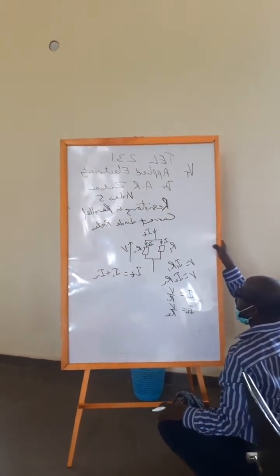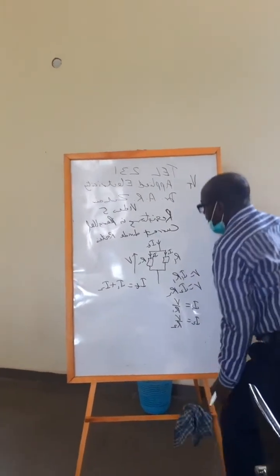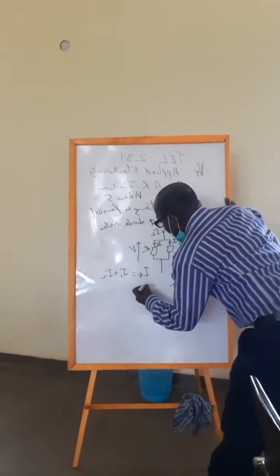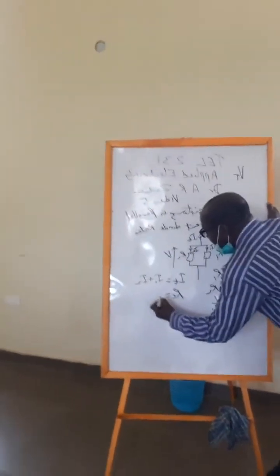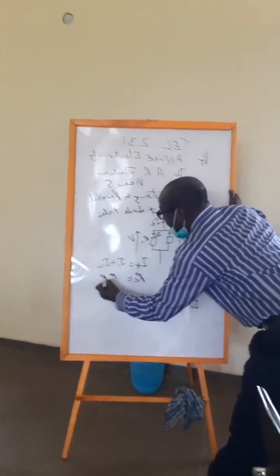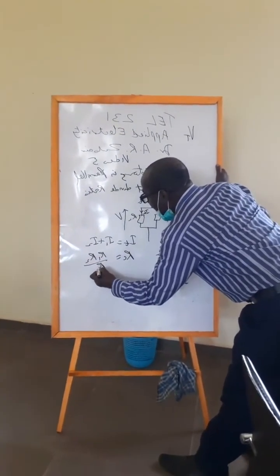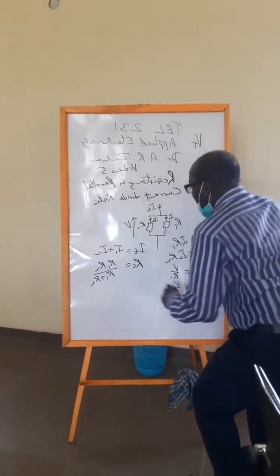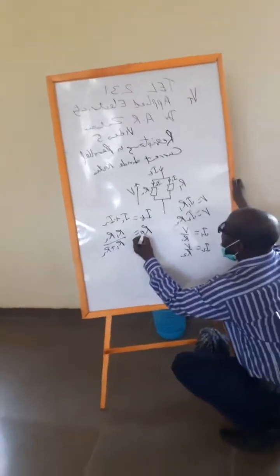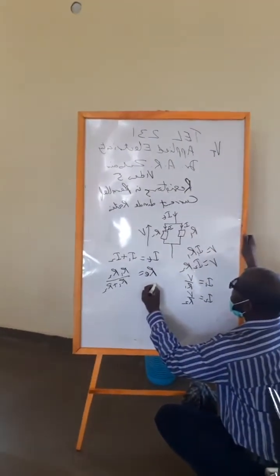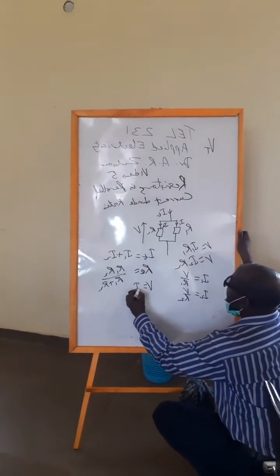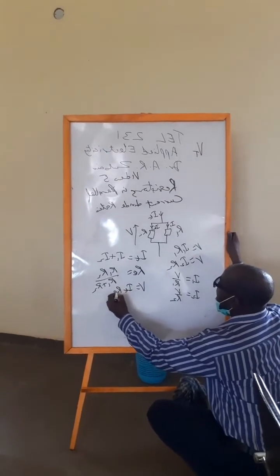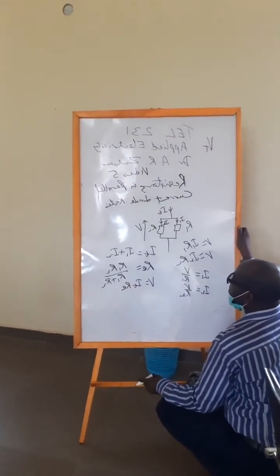Then you remember that the equivalent resistance is R1 R2 over R1 plus R2. And you also remember that V is also equal to IT multiplied by RE.